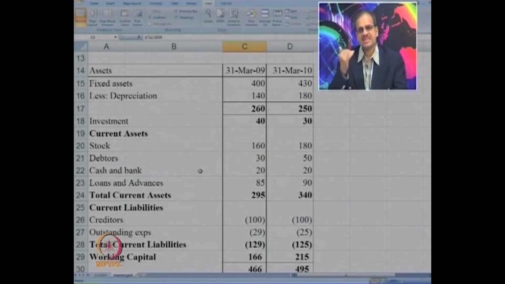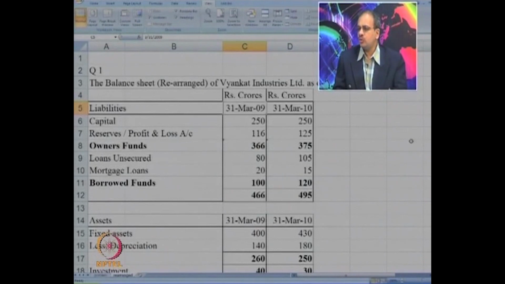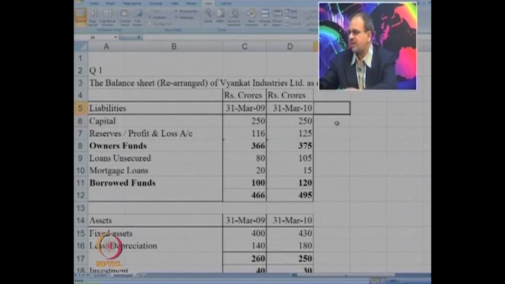Now, using this, we are required to make, let us first start with comparative statement. As I have already told you, comparative statement essentially tries to find the increase or decrease in the current year. So, we will try to make using the same thing, comparative statement.